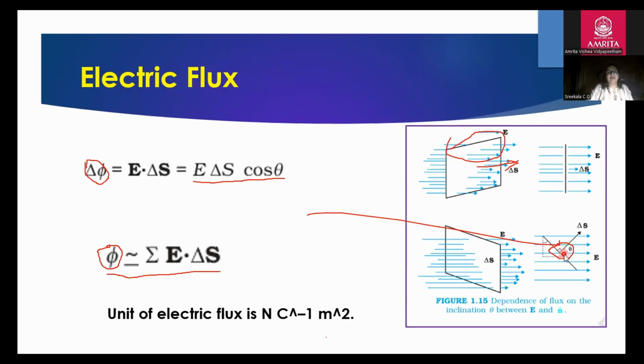Area is not a vector quantity, but the normal to the area is a vector quantity. Here delta S is a vector because we are considering the normal vector to this area. Okay, hope it is clear.